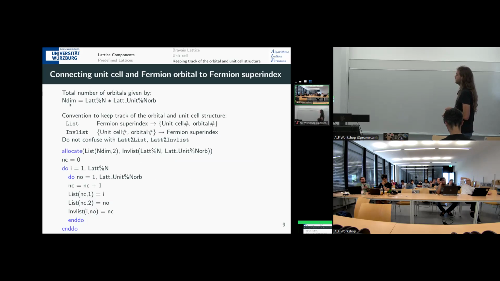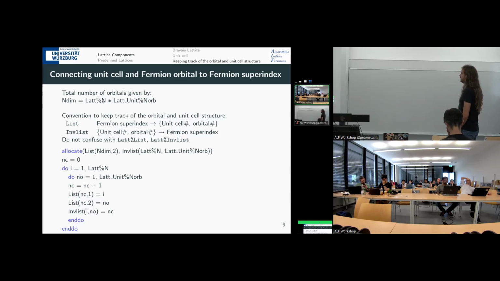This will be in most cases the dimensionality of the matrices, like of the Green's function. So a Green's function has usually the size n times n.